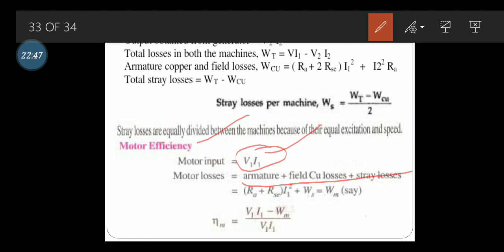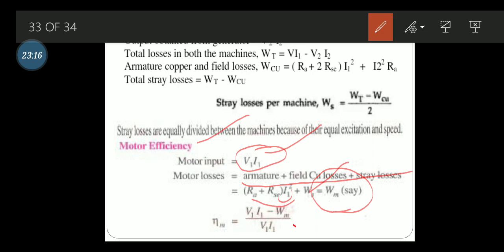The armature copper loss is I1 square into RA, and the field copper loss is I1 square into RSC, because in the series motor the current I1 flows through both the armature winding and the series field winding. The stray losses are denoted by WS. These motor losses are denoted by WM.